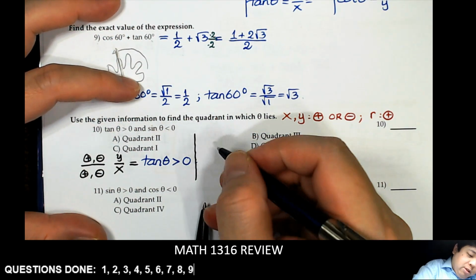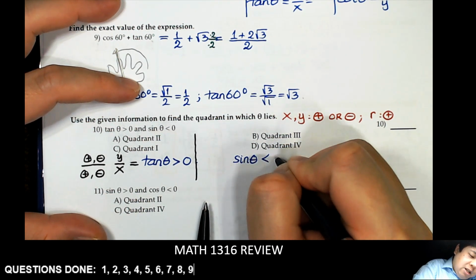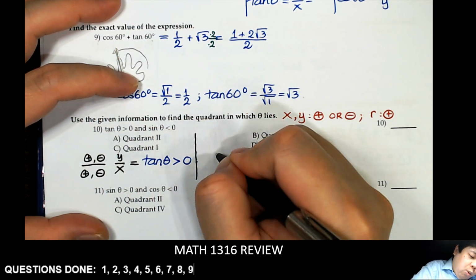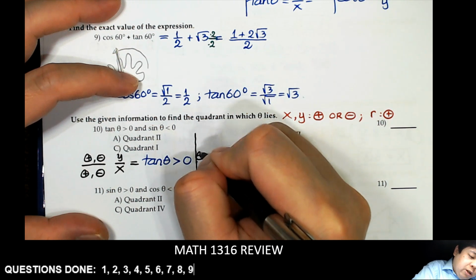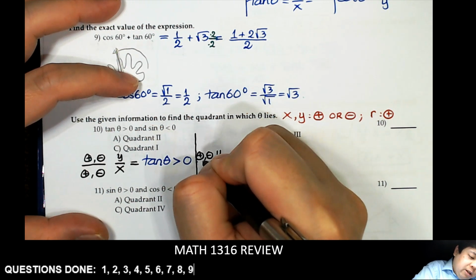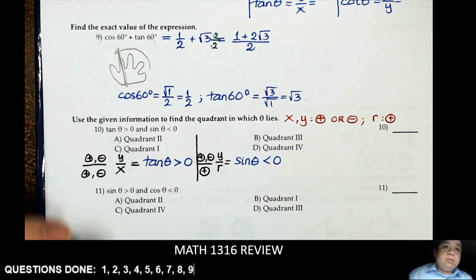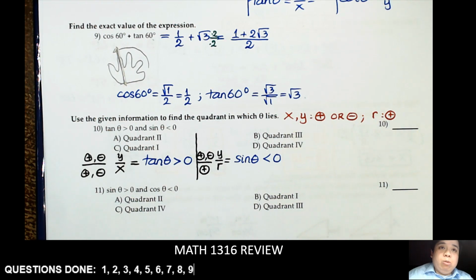Next, we have sine is less than 0. Sine is Y over R. Y could be positive or negative, but R has to be positive. Now we will do the reasoning.